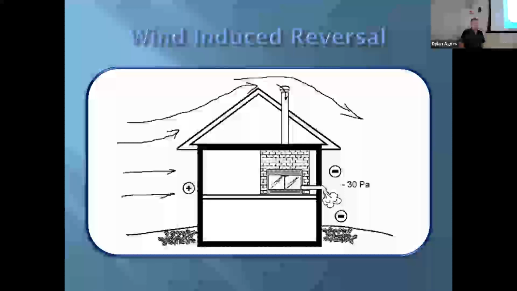Again, wind induced: whether you're up on an exposed spot where you have wind directly down the chimney, or you're down at the bottom of a hill or next to a cliff, the wind can play a major role in it. We call it weather induced, but this is not uncommon either.